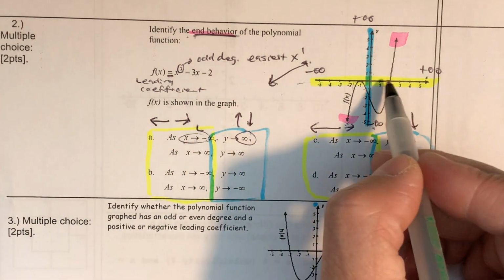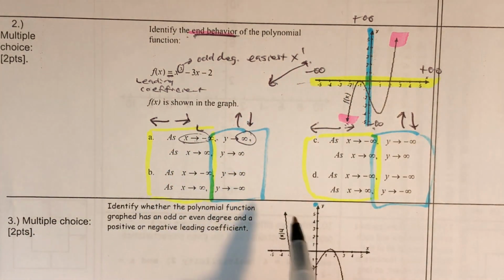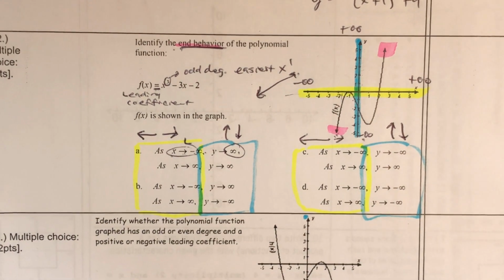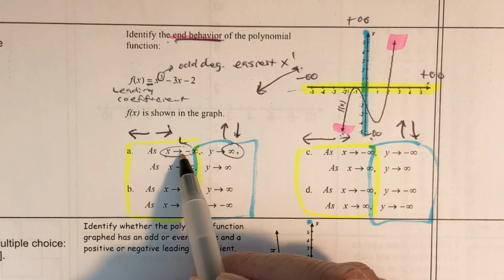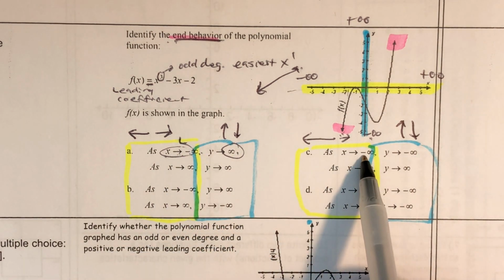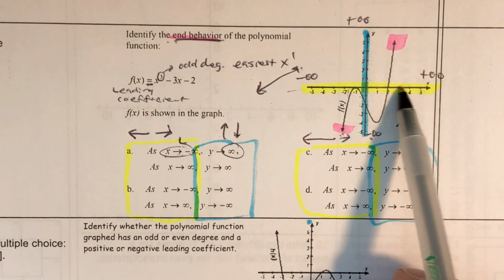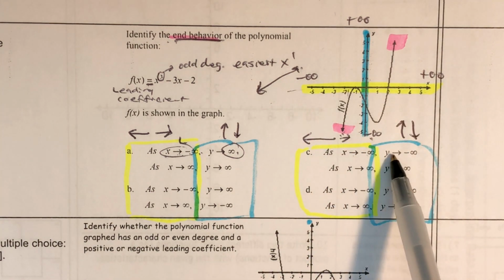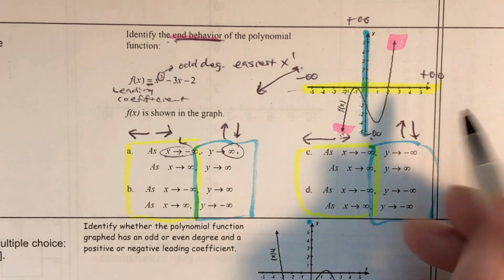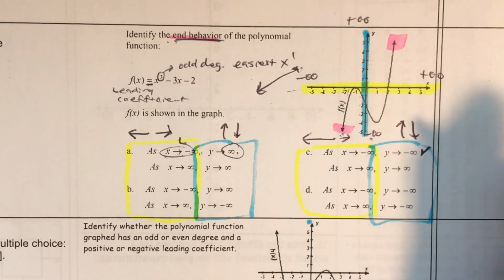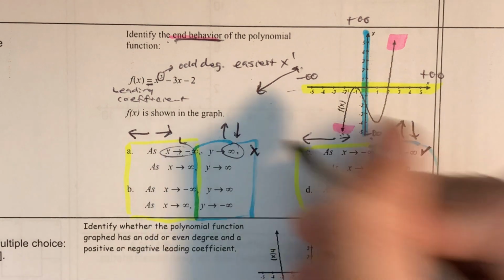This is saying as you go to the left, the graph goes up, which would be incorrect for this problem. So let's find one that has negative, negative. There it is. As x approaches negative infinity, as your graph roller coaster goes towards the left, what happens to the graph? It goes down. That one works. This one didn't work.